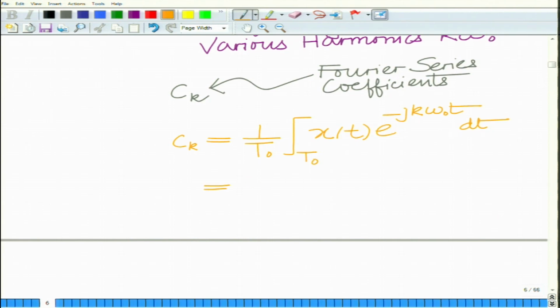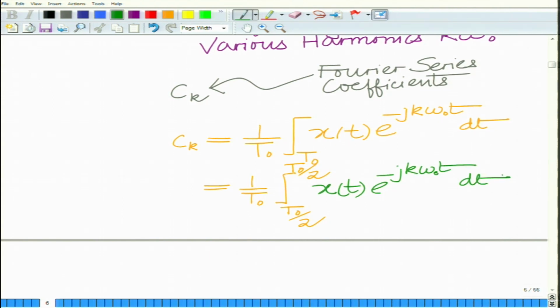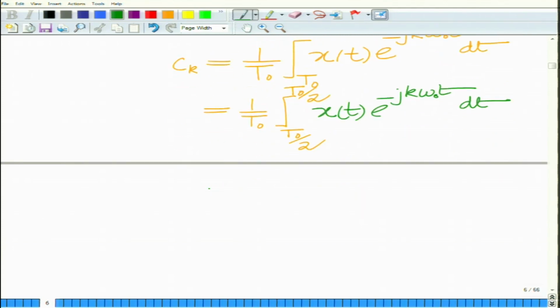For instance, this can be minus T naught by 2 to T naught by 2, or this can be 0 to T naught. In fact, it can be any contiguous duration.